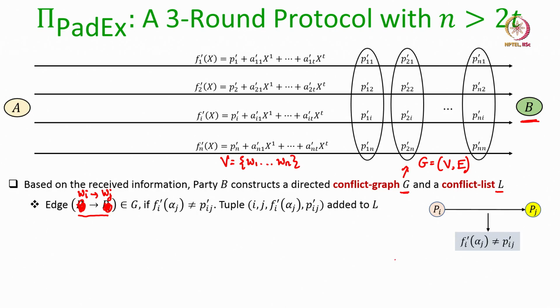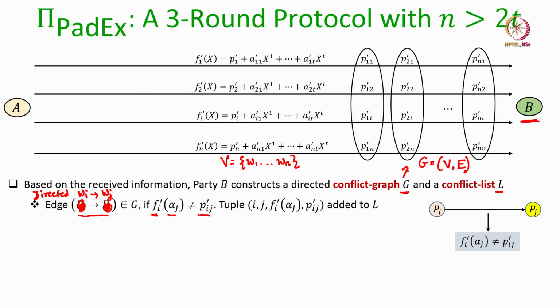Okay. So, there are n vertices in that conflict graph, and there will be a directed edge, I stress a directed edge from the node Wi to the node Wj if the value of the ith polynomial when evaluated at alpha j does not match the value p prime ij.